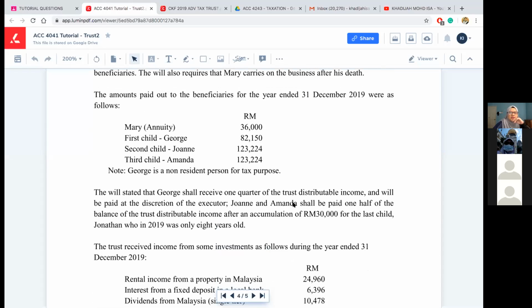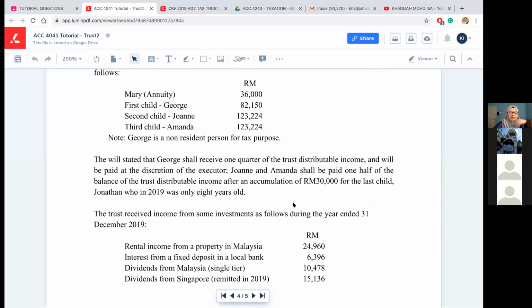George, 1/4 of the trust distributable income paid at the discretion of the executor. So George is discretionary. Joanne and Amanda, 1/2 of the balance of the trust income, and accumulation for the last child, Jonathan. So Joanne and Amanda is the non-discretionary trust.